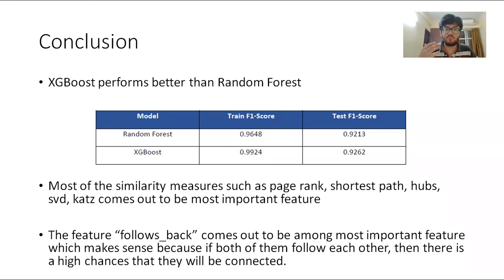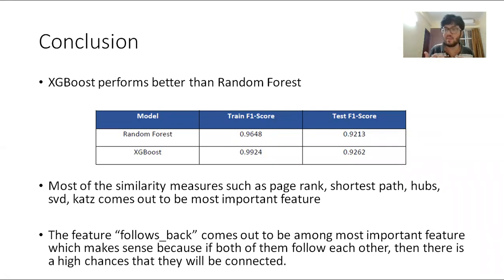We see that the F1 score of XGBoost on both the training set as well as the test set is better. And that also aligns with our prior understanding that boosting methods slightly outperform the bagging methods. And here also we got to see the same, that XGBoost is giving us very good performance, because the F1 score of 0.9262 on a test data set is a good score.